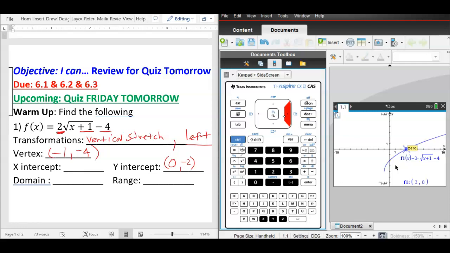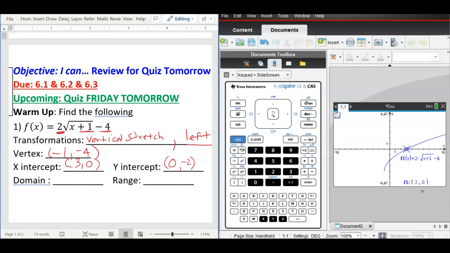What else means x-intercept? Root and solutions. So the 0 is what? What coordinates is the root right there? The 0. Right here, 3, 0.